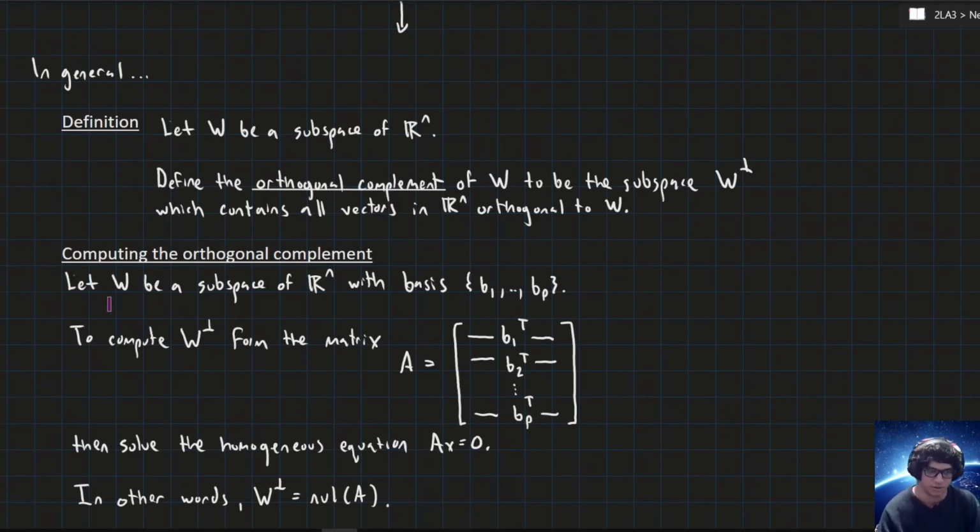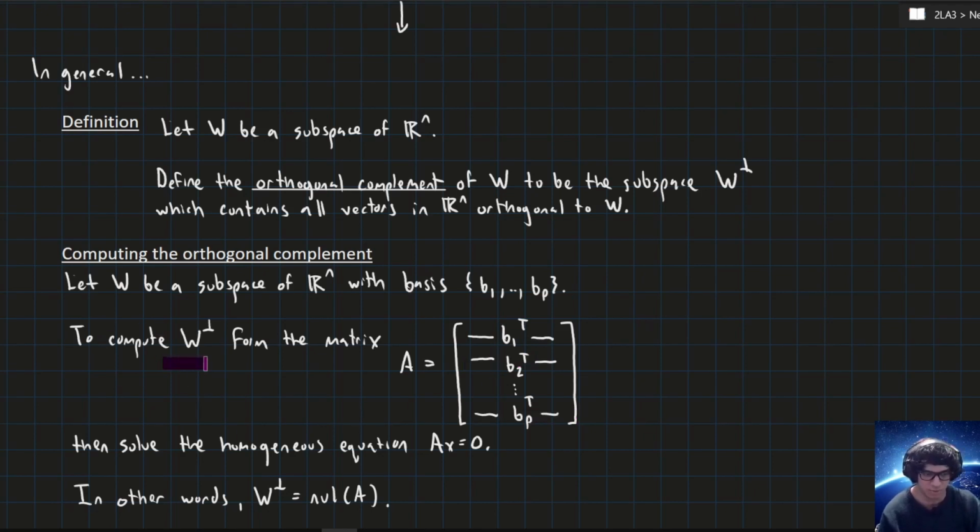Okay, so let's suppose we have a subspace W. Okay, and since it's a subspace, it has some basis. Every subspace has a basis, with the exception of the zero subspace. Every non-zero subspace has a basis that you can just write. So to compute W perpendicular, we're going to form the matrix A, where we set the basis vectors equal to the rows of A, just as we did in the example.